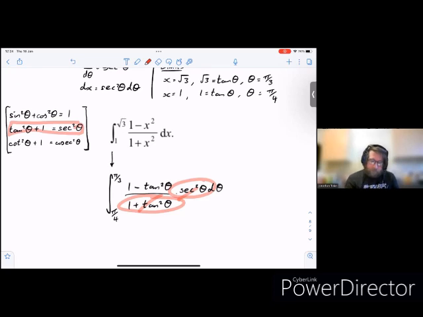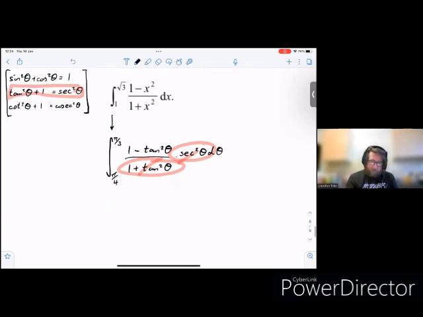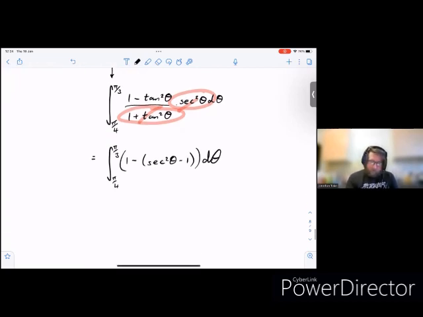So that whole thing becomes the integral from pi over 4 to pi over 3 of 1 minus (sec squared minus 1) d theta. That's 1 minus minus 1, which is 2 minus sec squared.